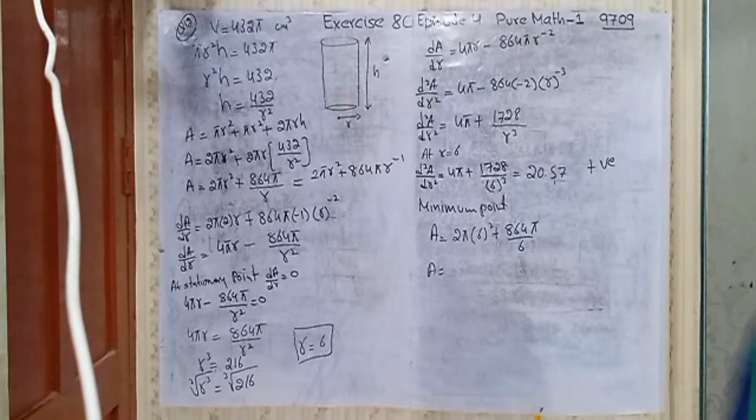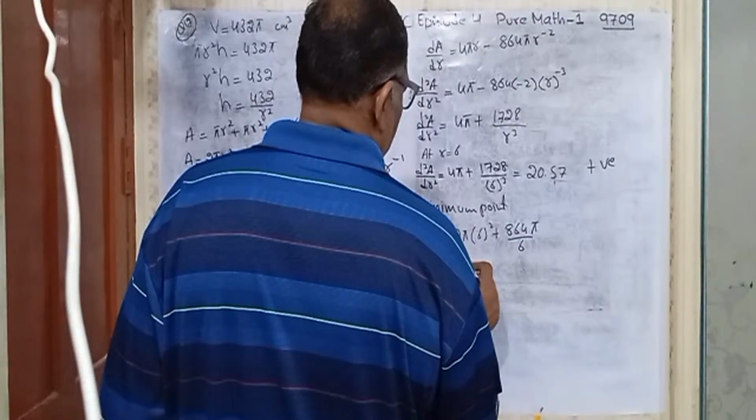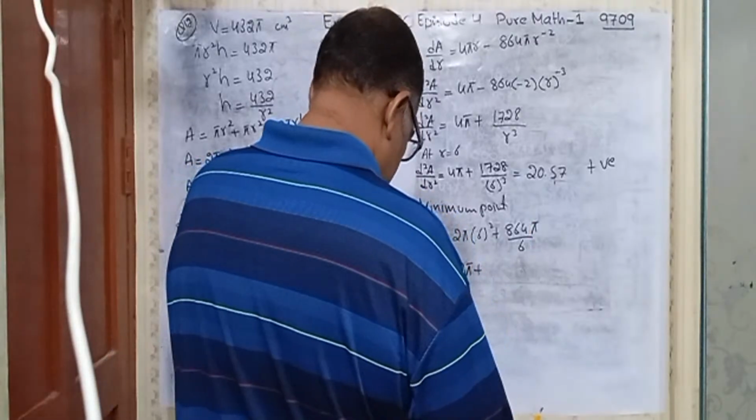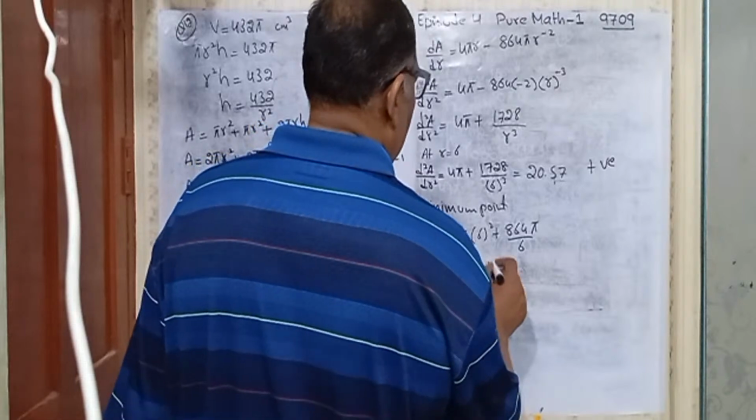They have given the answer in terms of pi. So this is 72 pi, plus 864 divided by 6, which is 144 pi.